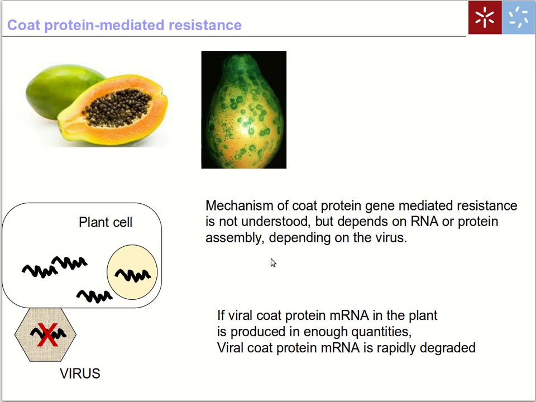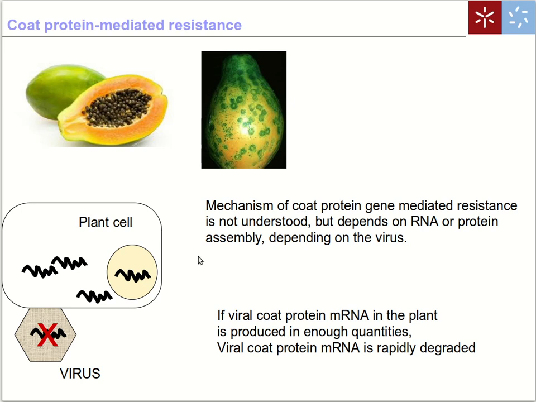And it was discovered that if we express this coat protein in the plant, then the virus cannot infect. The precise mechanism is not known, although it has been investigated.